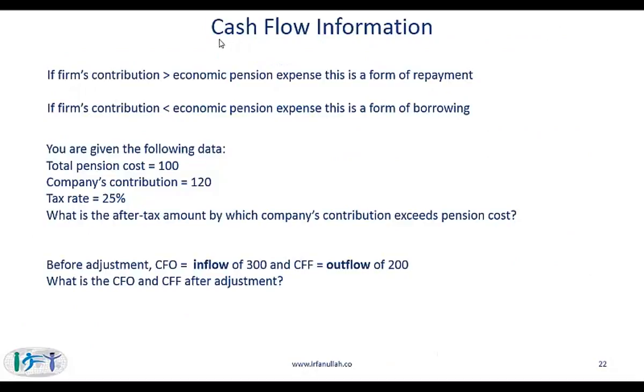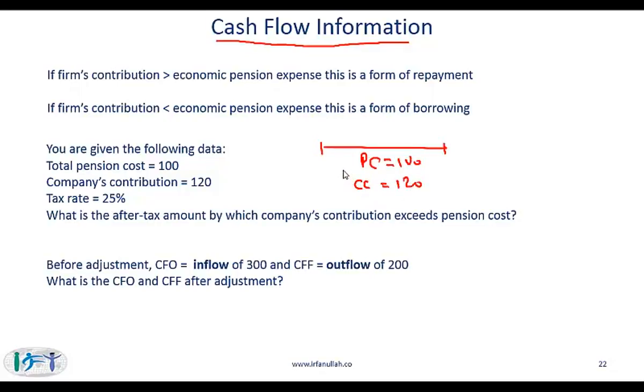We'll now look at the cash flow information, and we'll understand the concept here through a very simple scenario. Let's say that during a given period, the pension cost is 100 and a company contribution is 120.